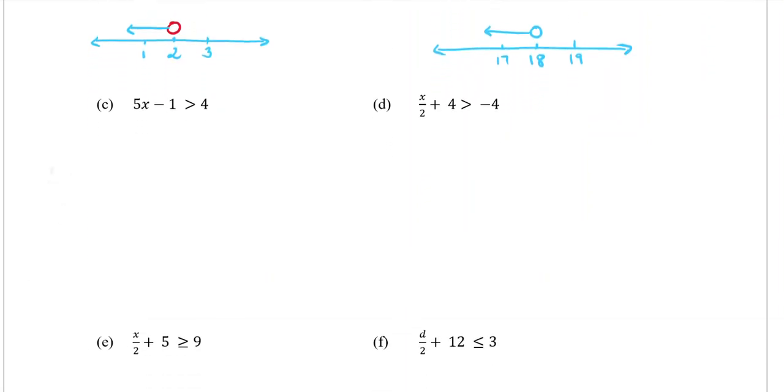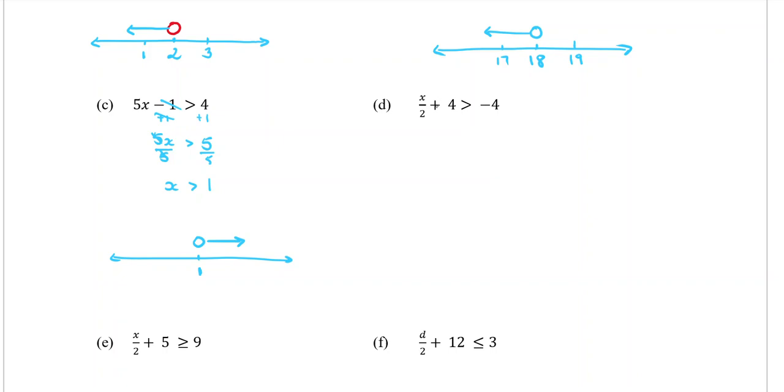Part C, we're doing a two-step equation. So first we want to add the 1, which will give 5x is greater than 4 plus 1 is 5. Then we're going to divide by the 5 in front of the x, which gives x is greater than 1. So number line, 1 in the middle, it's an open circle at the 1, and greater than is pointing to the right.